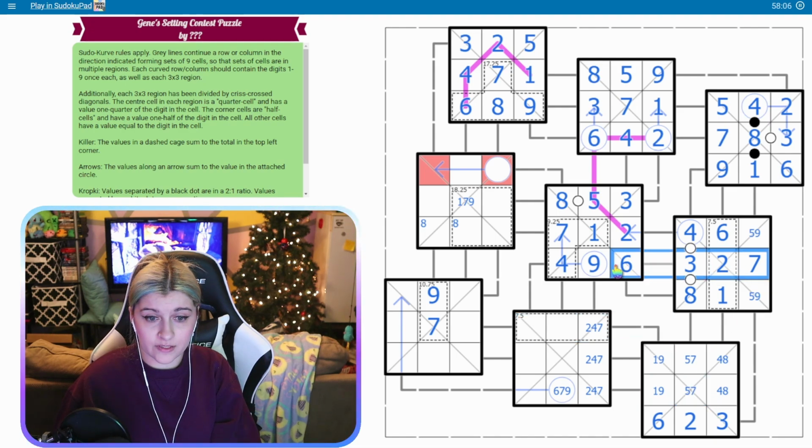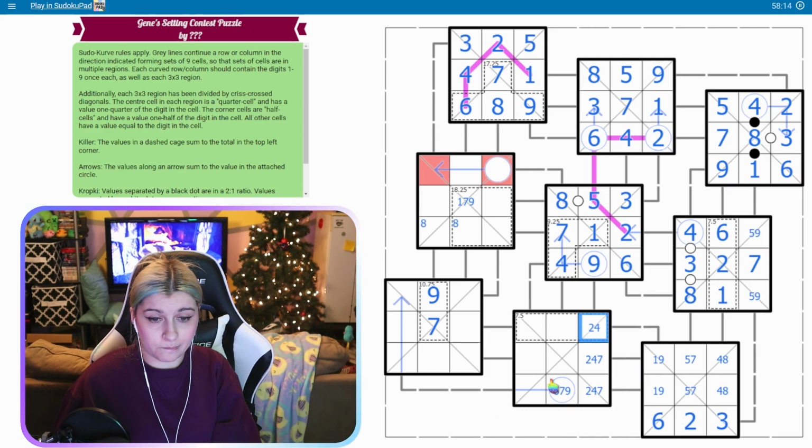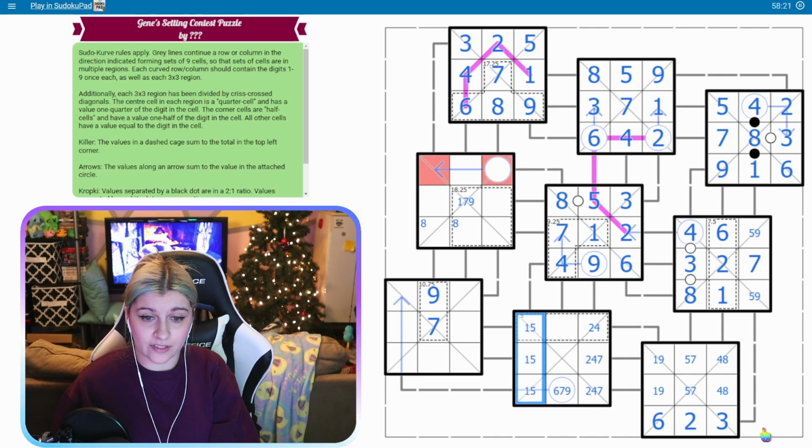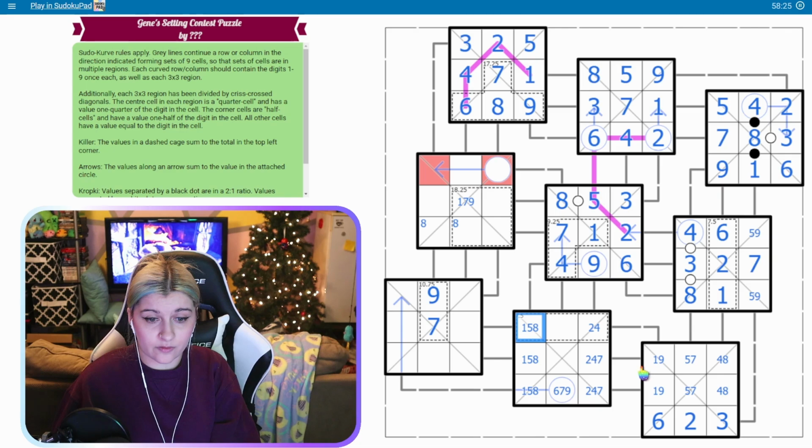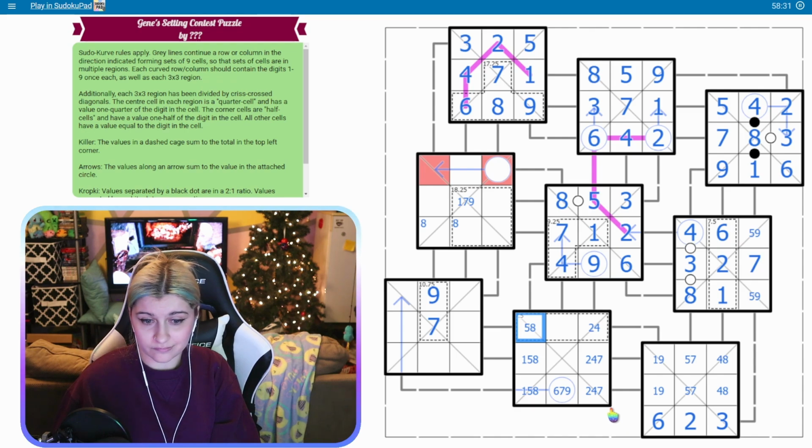Okay, what else does this... Oh, I could pencil what these 3 things are, and there might be some weird overlaps. Also, this can't be a 7. Here, I still need a 1, 2, 3, 4, 5, 6, 7, 8, 9. I can't have a 1 here. I definitely have a 7 over here, so this won't be a 7.